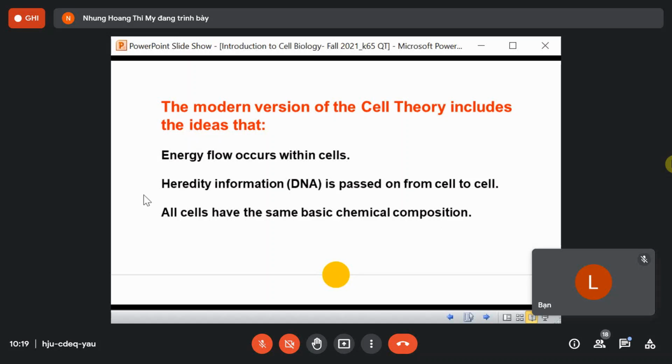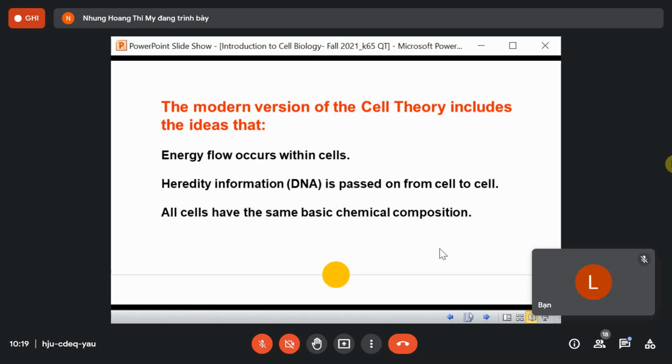The second statement involves the DNA molecule: the hereditary information, that means the DNA, is passed from cell to cell. And the third involves the basic chemical composition: all cells have the same basic chemical composition. So those are the three more statements added to the cell theory for now.